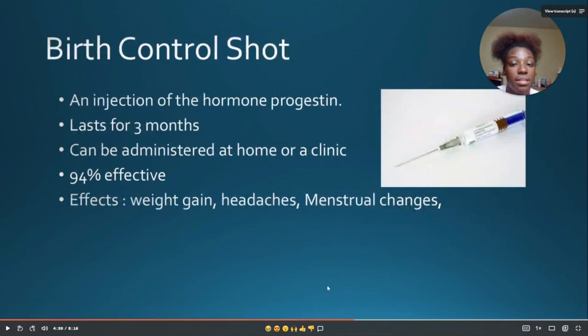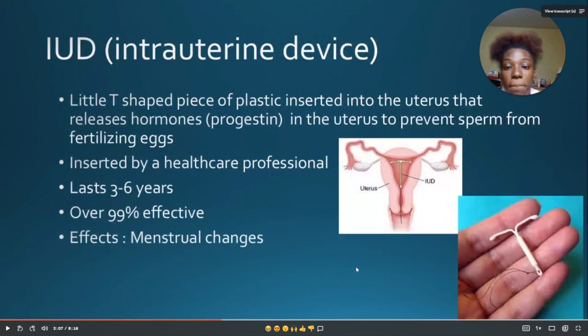Birth control shot, again, notice that her face in relation to the webcam is relatively consistent. In this case, an injection of a hormone progestin, and it lasts for 3 months. Continuing on through this particular graphic with the birth control shot visual to what an IUD is.